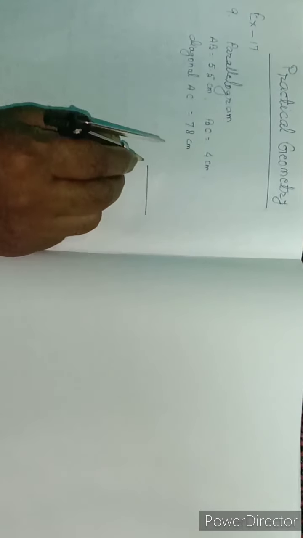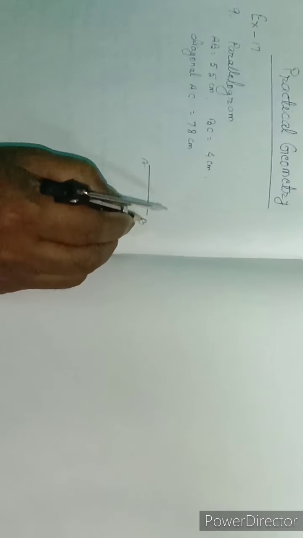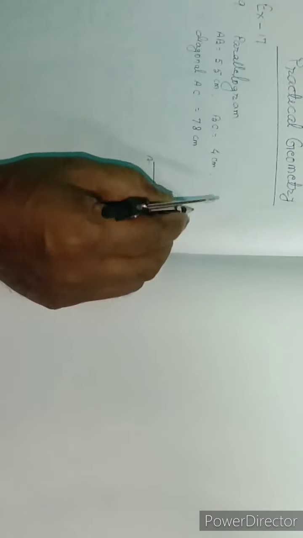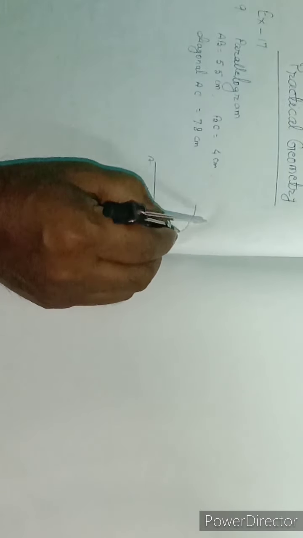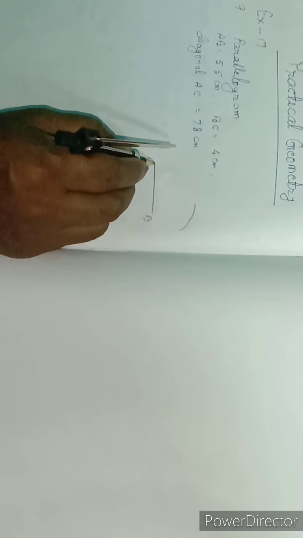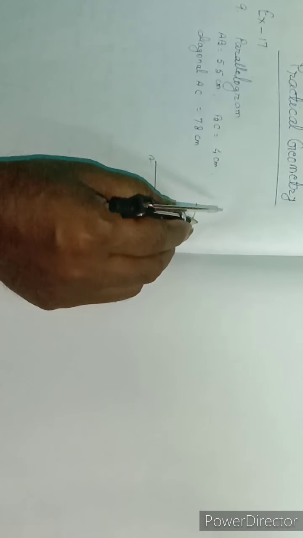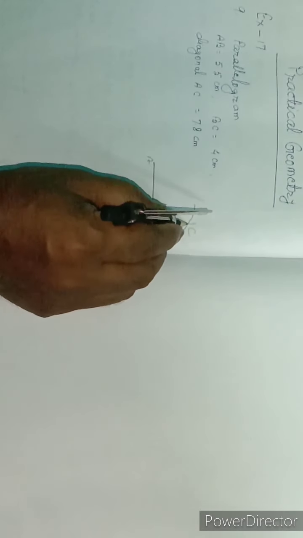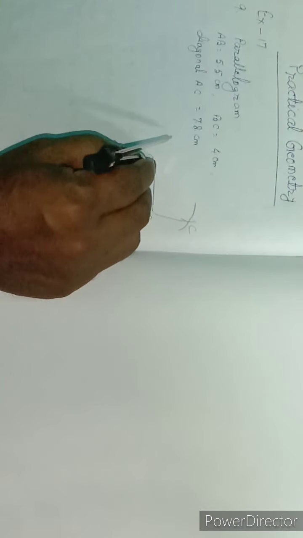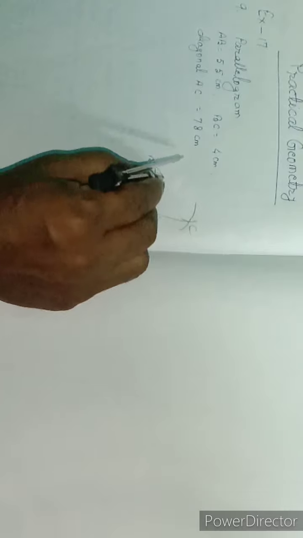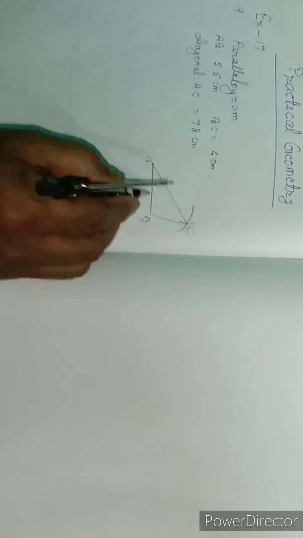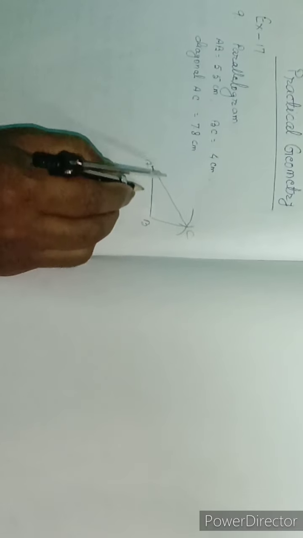From B we draw an arc of 4 centimeter and from A we draw an arc of 7.8 centimeter. Suppose these two are intersecting at point C, we join BC and AC. Since this is a parallelogram, the opposite sides will be equal.